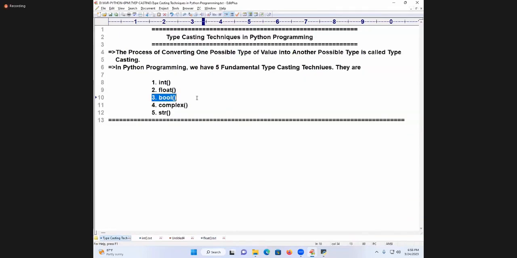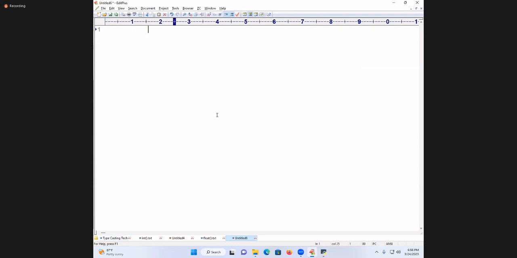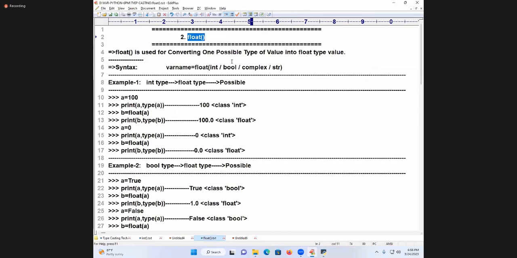Similarly, what is the next function? Bool function. Very, very important. Bool function I am going to introduce. Something more interesting, and more questions will come from this area. Now see, I'll bring some minimum requirement.